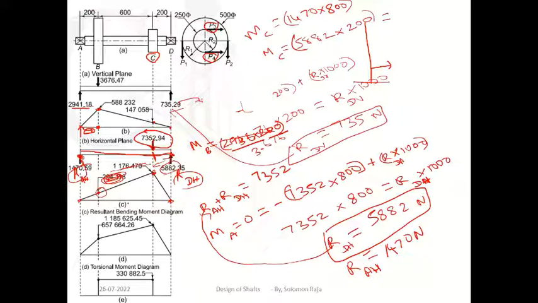Similar triangle means, that is what I am telling, I will draw one more diagram and I will show you. So this triangle and this triangle are similar triangles.